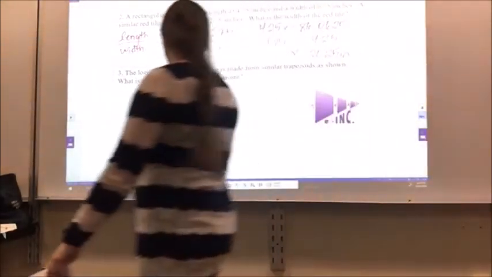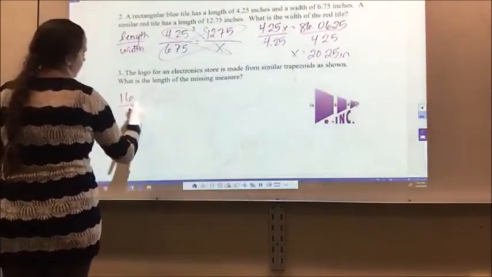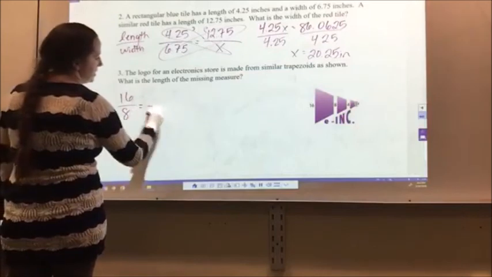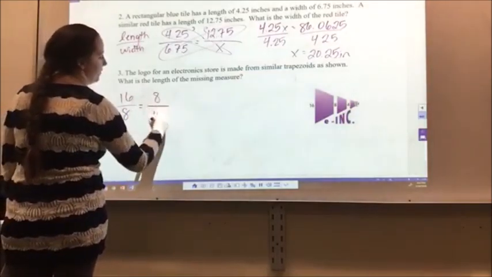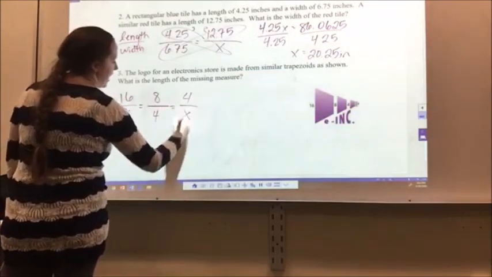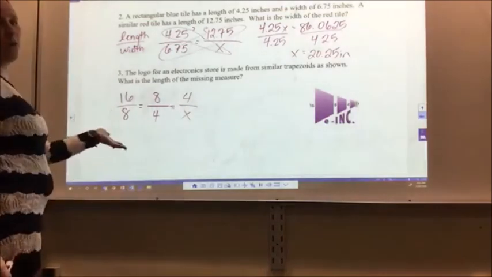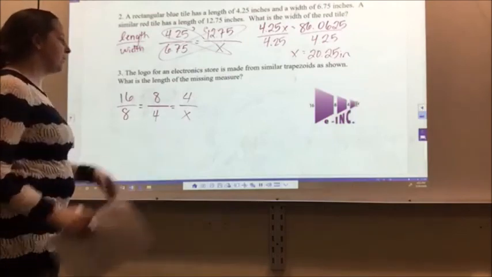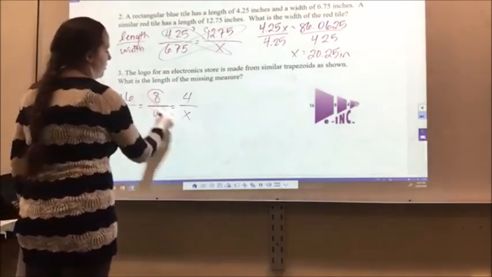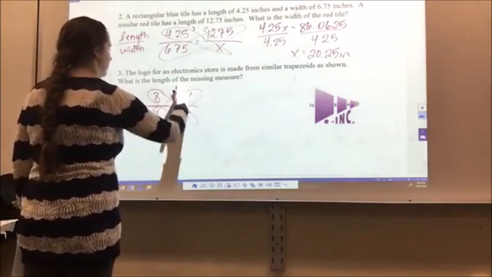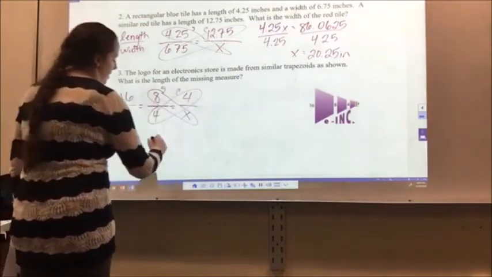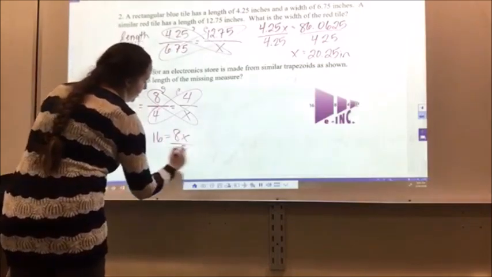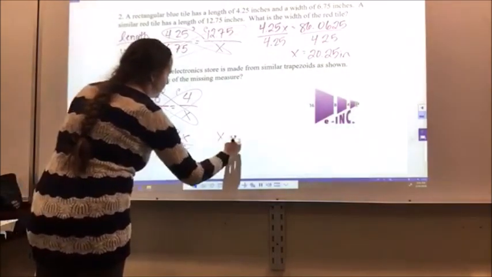So I can set up a proportion: 16 over 8, bottom and top, equals 8 over 4 equals 4 over x. You only have to solve one of these proportions. You can use either the 16 over 8 or the 8 over 4. I'm going to use the 8 over 4 because it's smaller numbers. Multiply by the butterfly. 4 times 4 is 16. 8 times x is 8x. Divide both sides by 8. So x equals 2.